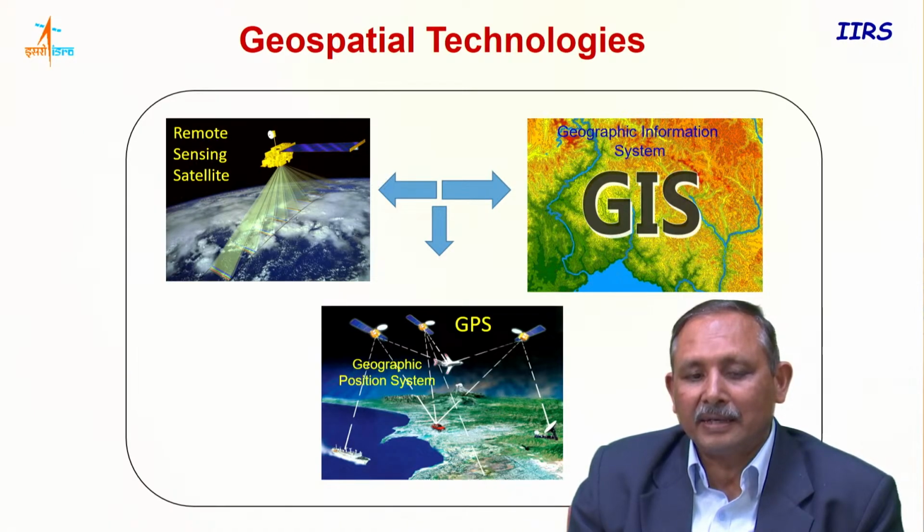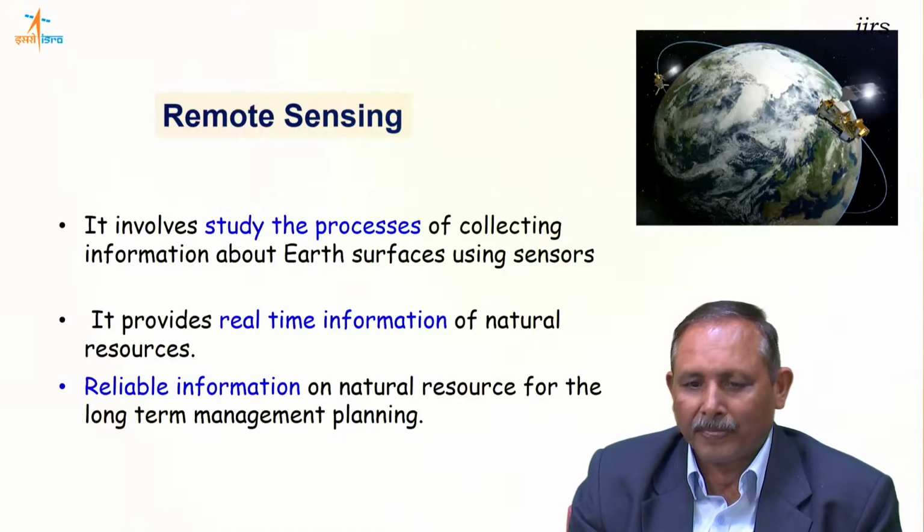From remote sensing satellite data, you get the picture of the earth, and you derive the information which you integrate using GIS. GIS is computer software where we can integrate maps, and GPS helps you find the precise location of your soil data points or any other object on the earth surface. That's why we call it the geographic position system.